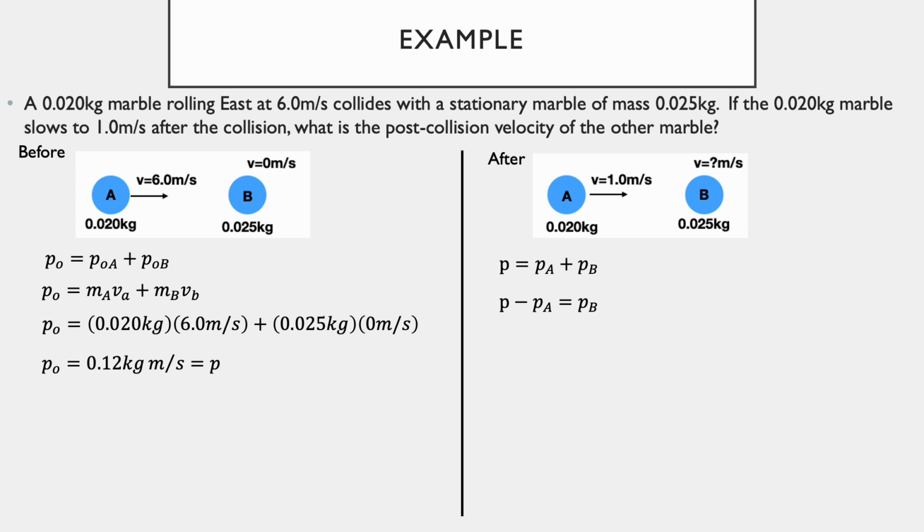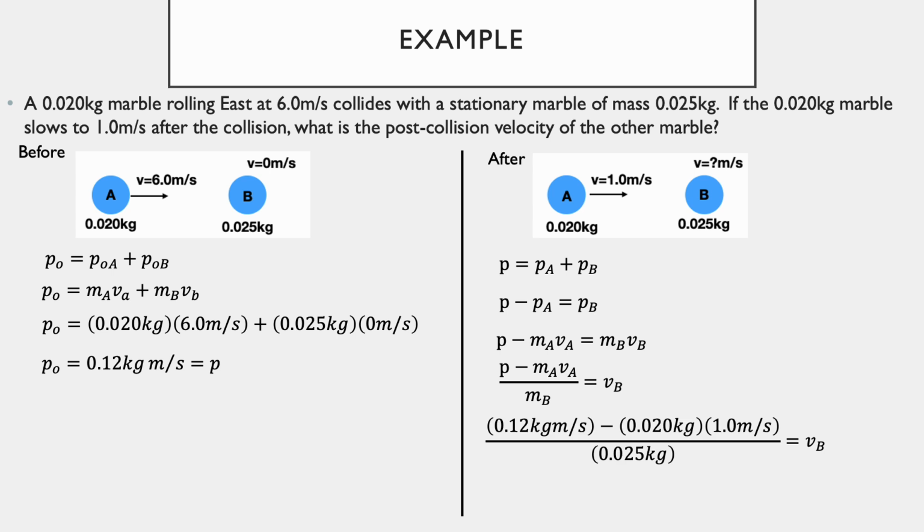So first we rearrange by subtracting momentum of A to the other side so we can get momentum of B on its own, seeing we're trying to solve for an attribute of B. So we'll substitute in our mass times velocities now. And then we want velocity of B on its own, so we divide both sides by the mass of B. At this point, we have what we're solving for on its own, so substitute our values in. And we get 4 meters per second for our velocity of B.